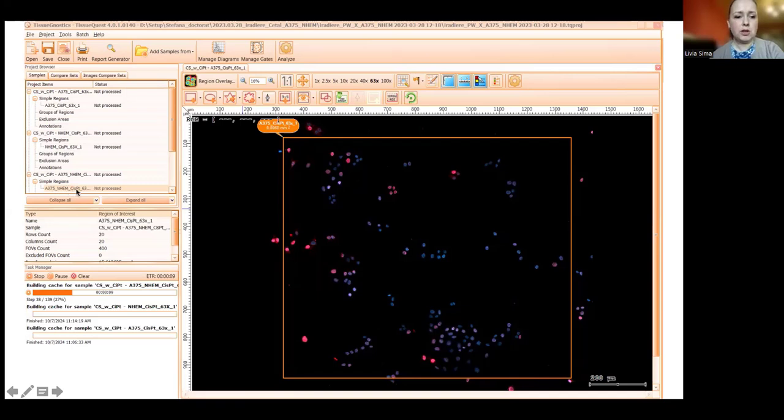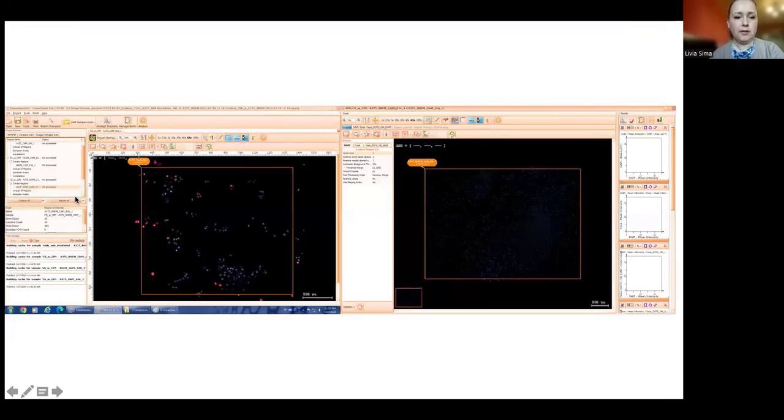I have chosen here as an example the co-culture treated with cisplatin, and the images were obtained with 63x magnification, to show you that when you click on each of the samples, a cache is built for them one by one. After clicking all the regions in the list, you can then go ahead and start the actual image segmentation.